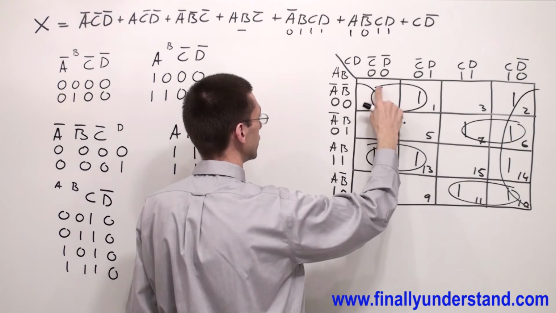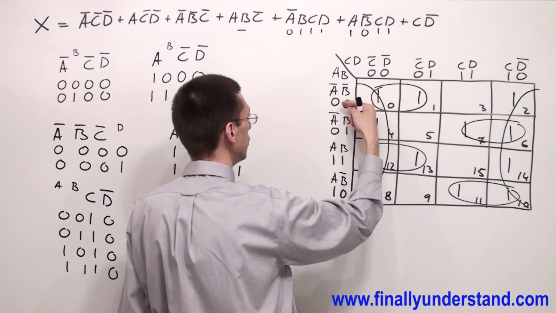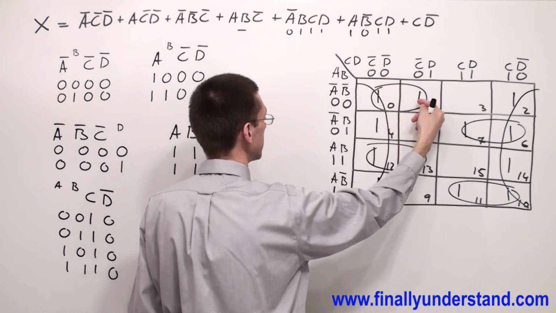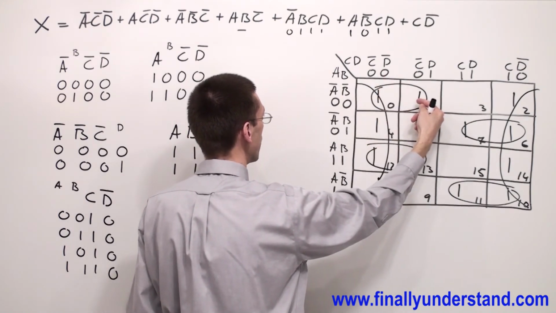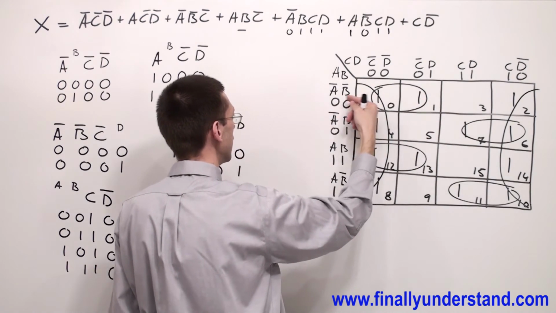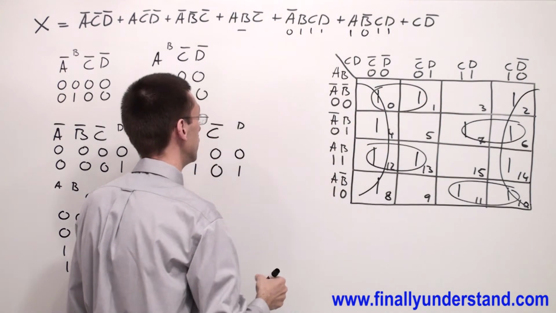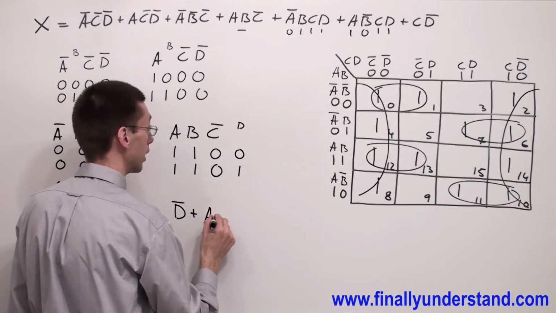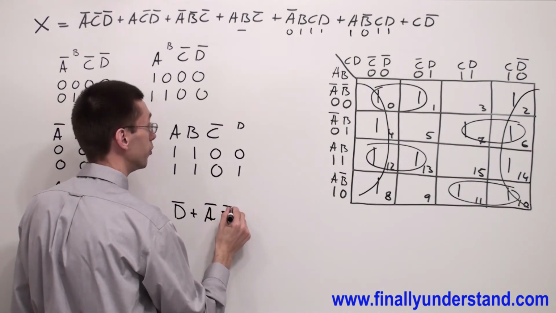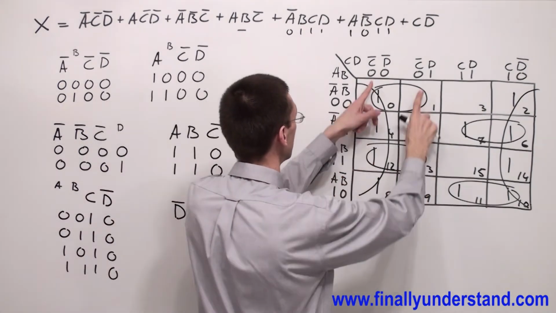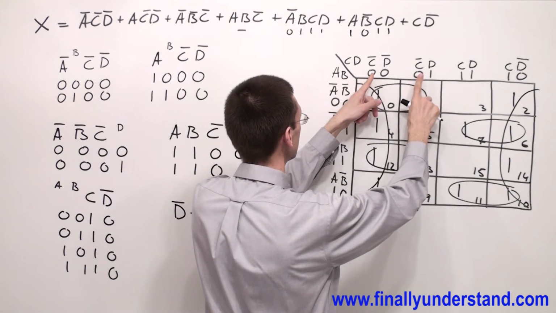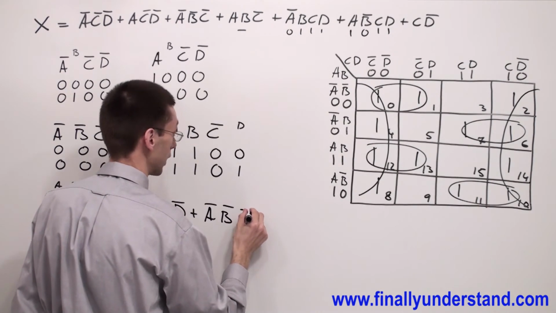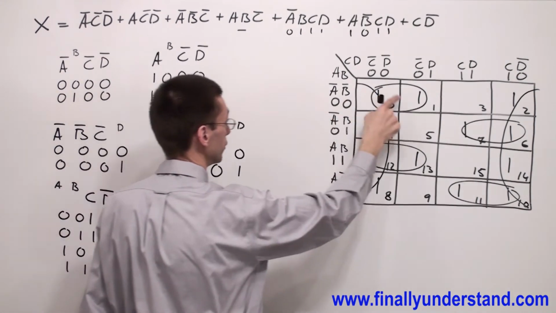This group is placed in 1 row and 2 columns. Anytime I have group placed in 1 row, I simply copy down everything, whatever is at the side of this row. So I have A naught, B naught. The common variable for these 2 columns is C naught. That's why I'm going to write C naught. I'm finished with this group.